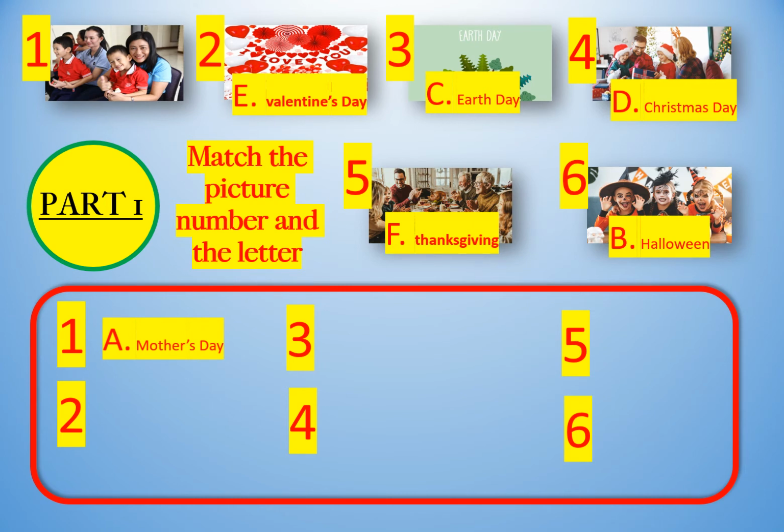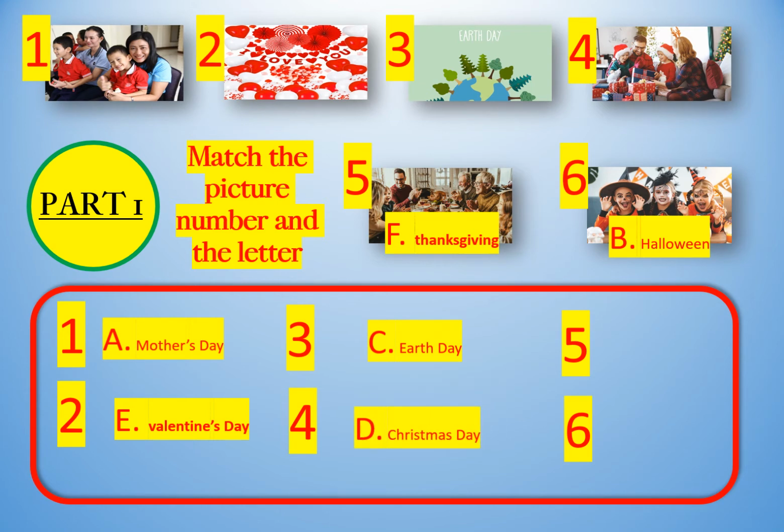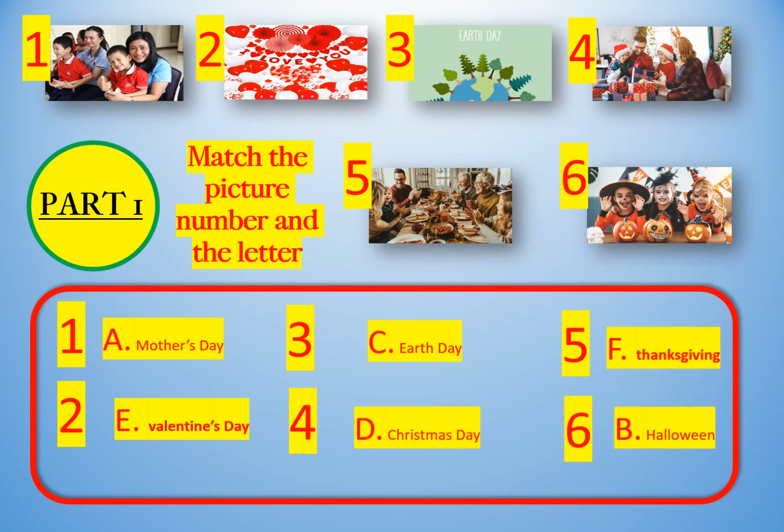Picture number two was E, Valentine's Day. Picture number three was C, Earth Day. Picture number four was D, Christmas Day. Picture number five, F, Thanksgiving. And picture number six, B, Halloween. Please check your answers now with your coloured pencil.